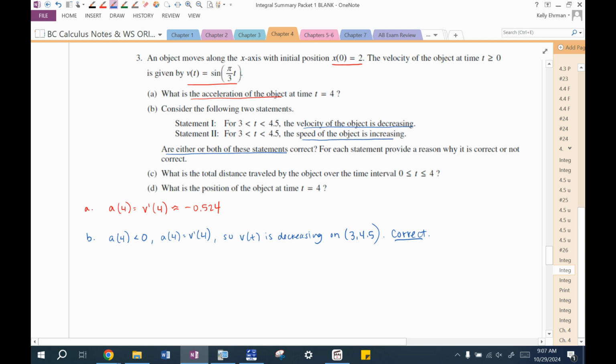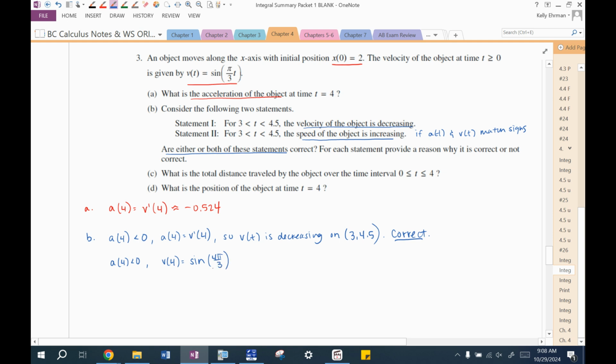So remember, speed is increasing if acceleration and velocity match signs. If your velocity is negative, your acceleration should be pushing in the negative direction, or vice versa, positive, positive. So we know that a of 4 is less than 0. We don't know v of 4 yet, so let's see. V of 4 would be equal to the sine of 4 pi over 3.